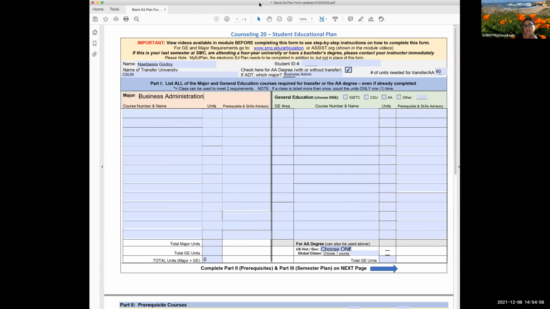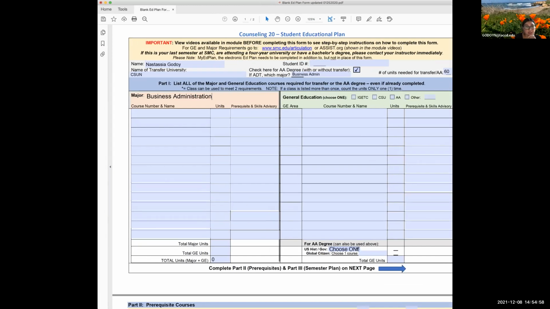So I see on assist that I need accounting 1. I'm going to write it exactly how it shows up on assist. So the course number and name are accounting 1 is the course number, and the name is intro accounting 1. The number within the parentheses on assist are how many units the class is.